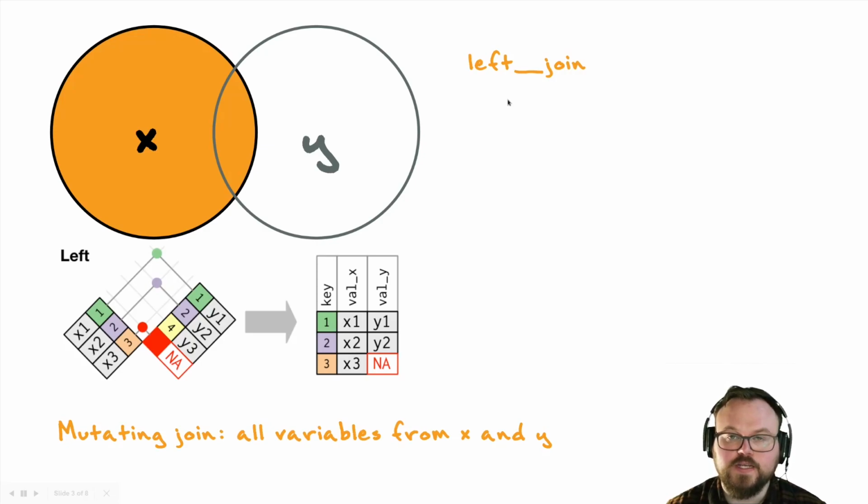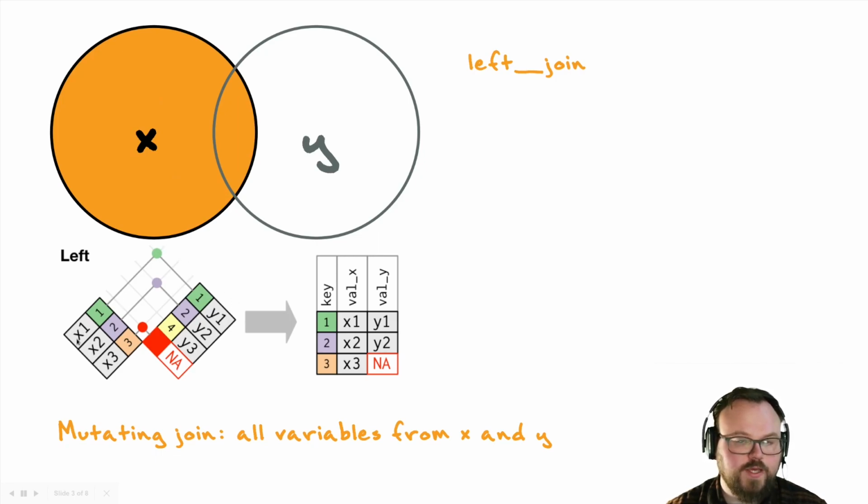Let's start with left join, which is by far the most common of the join verbs. Left join only cares about the observations that are present in X and only adds variables from Y where an observation has a relationship with one of the observations in X. We can also see this in the diagrams that the book provided.